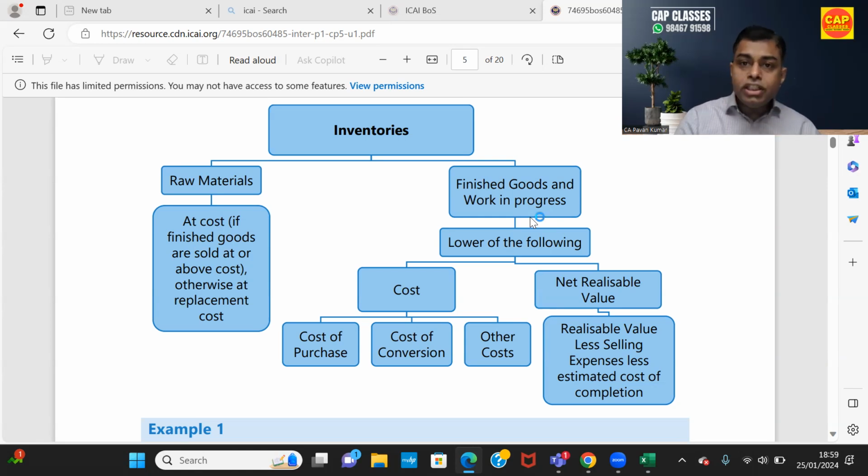Because a trader buys finished goods, sells finished goods. A manufacturer buys raw material and prepares finished goods, correct? So the context is that you are a manufacturer and you bought raw material. And remember, a manufacturer who bought raw material never sells raw material. He only consumes raw material.